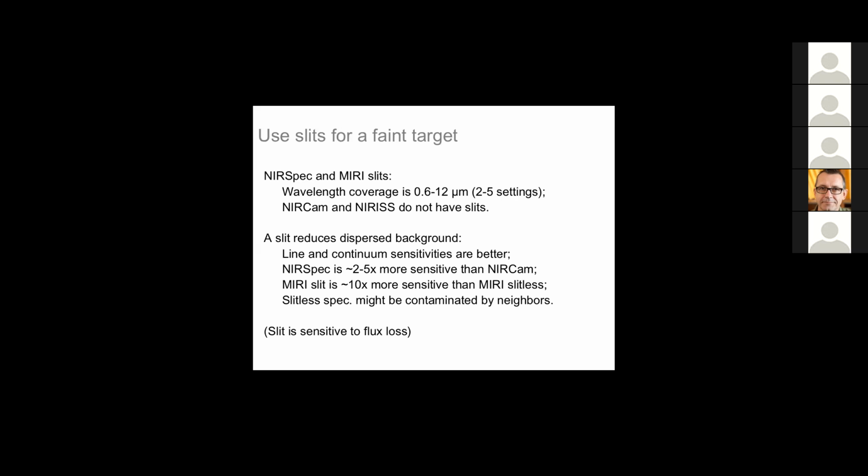But there is some counterpart on the slit: they are sensitive to flux loss due to telescope jitter and roll drift. So if you want time series observation for very accurate spectroscopic measurement, the way to go is to use the slitless option or the very large aperture on NIRSpec.